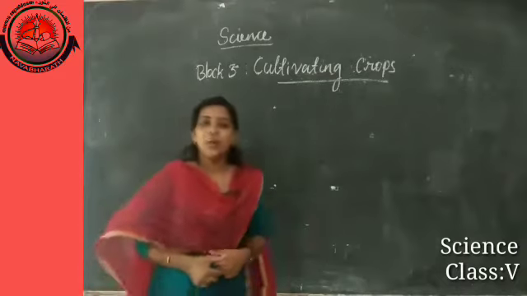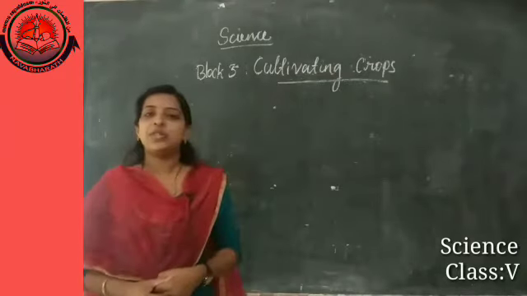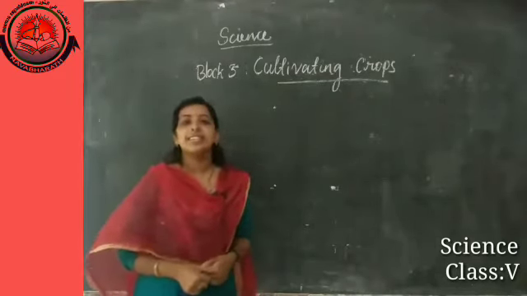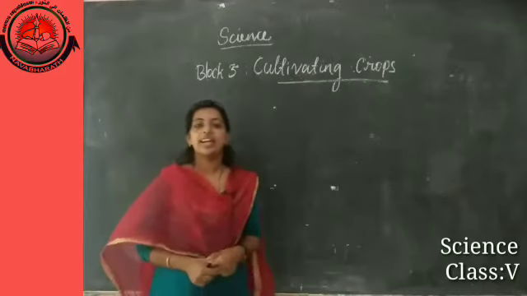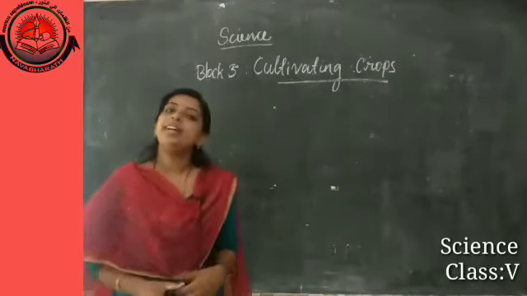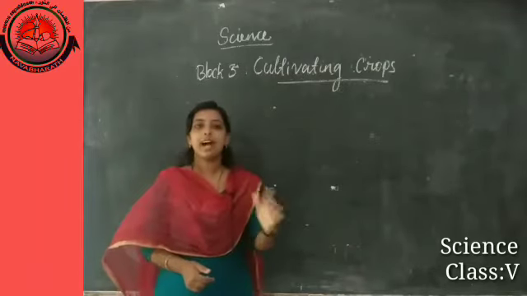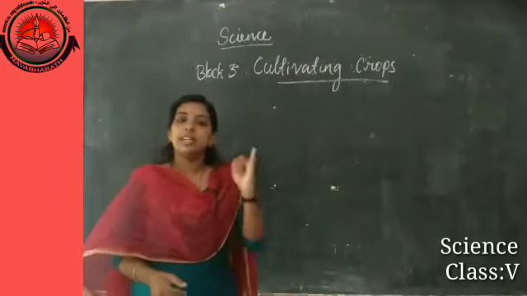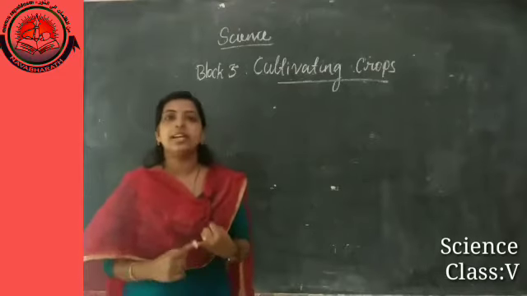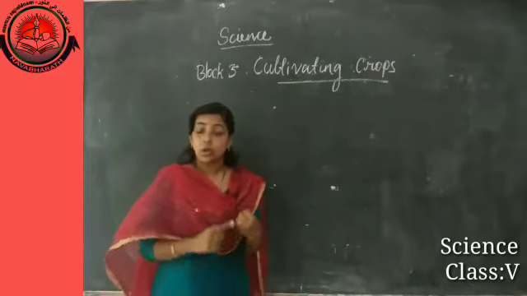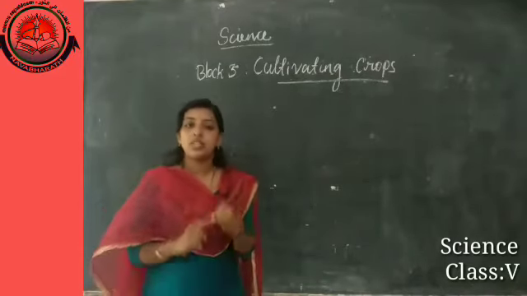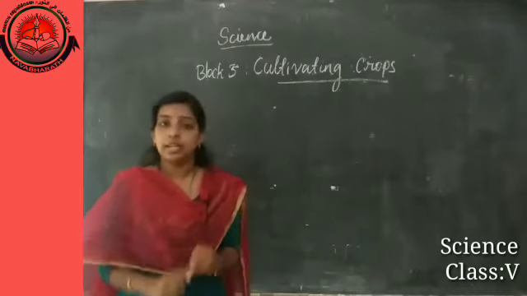Good morning to all, and today we are mainly discussing the practice questions, right? We know that in this block 3, cultivating crops, we have 4 lessons. In the first lesson we learn about crops and the stages of cultivation.